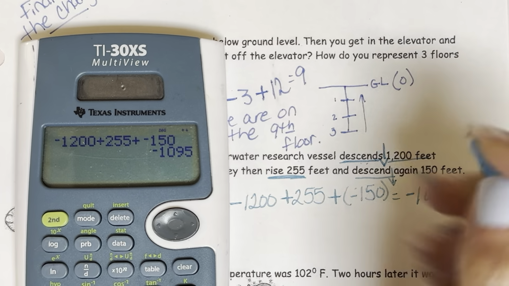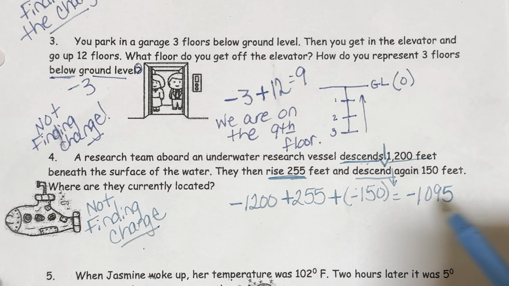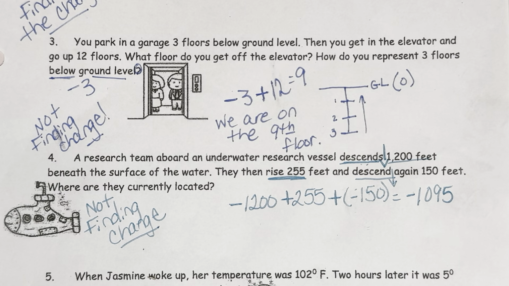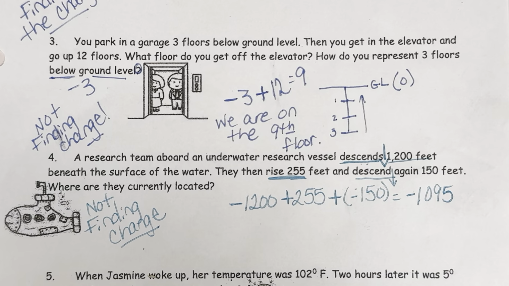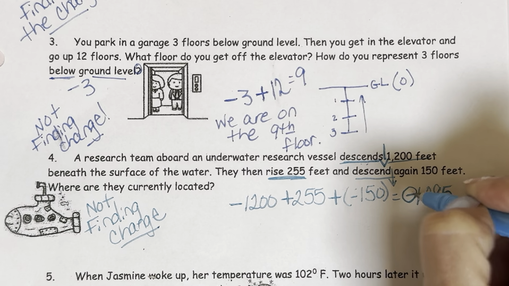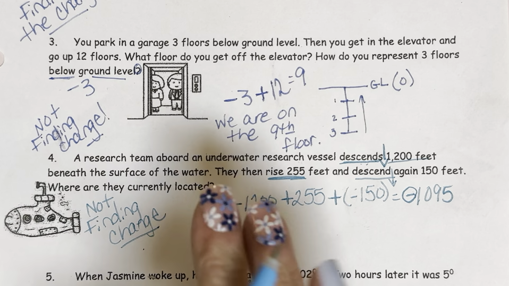So it wants to know in the question, where are they currently located? Negative 1,905 doesn't necessarily tell me where they're located, because we're not going to be looking at them on a number line. So we've got to make sure we word this in words. We got to use the vocabulary needed to say negative, but say it in words that are appropriate to the problem.